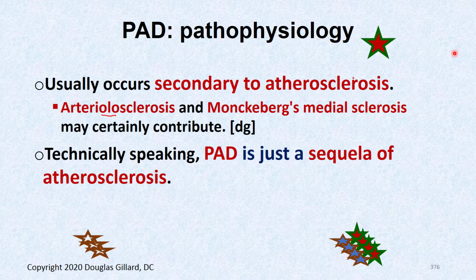I got that messed up, don't I? Arteriosclerosis is the main category. This is atherosclerosis. That's another child. And Monckeberg's medial sclerosis. Those are the 3 children. They're under the category, let's see if I could spell it right, of arteriosclerosis.